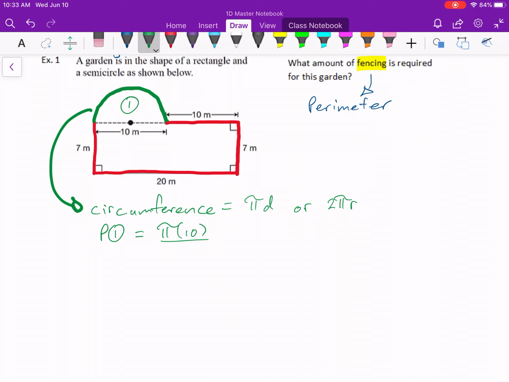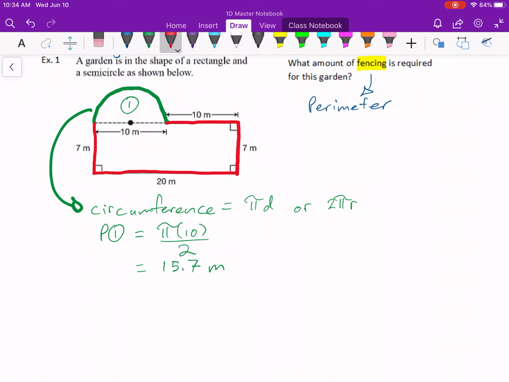But we want half of that, right? So the reason I'm dividing by 2 is because we only want half of the circumference. And so that would be, where's my calculator? Pi times 10 divided by 2 is 15.7. And the units will be meters, because that's what the other units are.